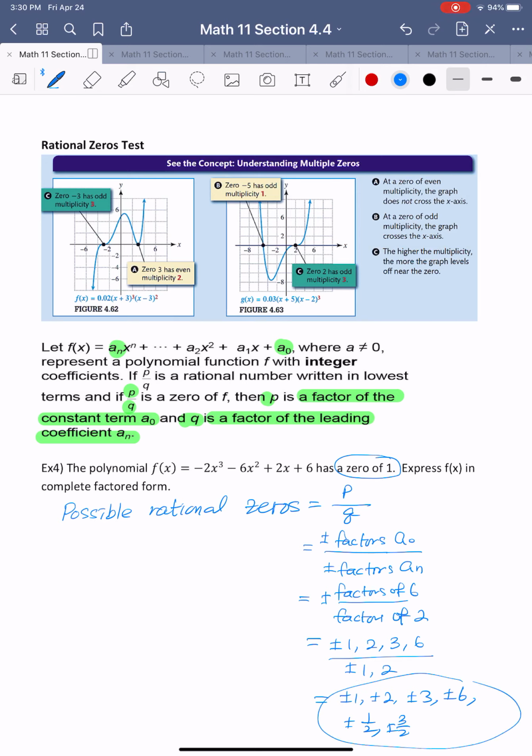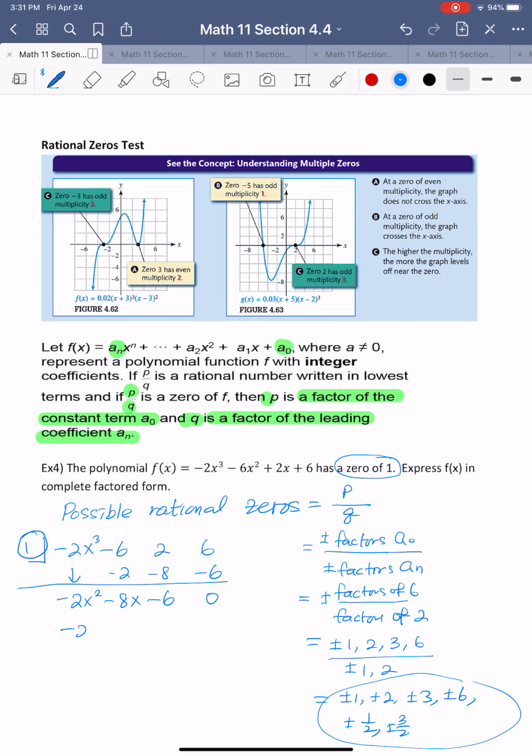So I'm using synthetic division with -2, -6, 2, and 6. There's no missing term, and divide by 1. I'm expecting a 0 at the end because the remainder should be 0, and the number you use is the zero. So we get -2, -2, -8, -8, -6, and -6, equal to 0. I expected that, so this is one of the zeros. And then we'll find more zeros. This is an x cubed and this is an x squared, which means this is a quadratic form.